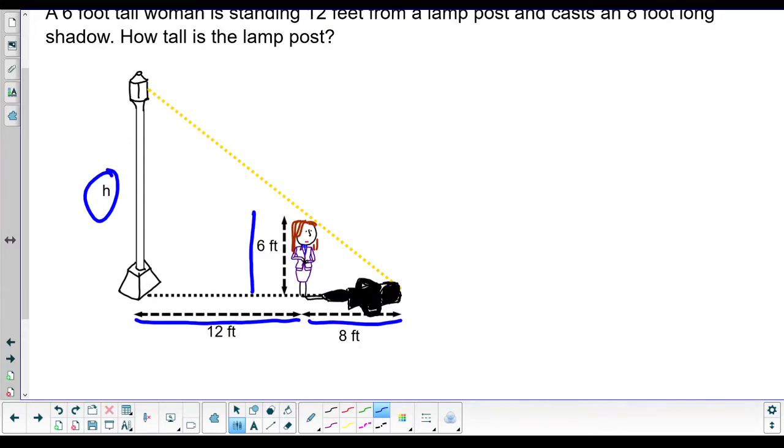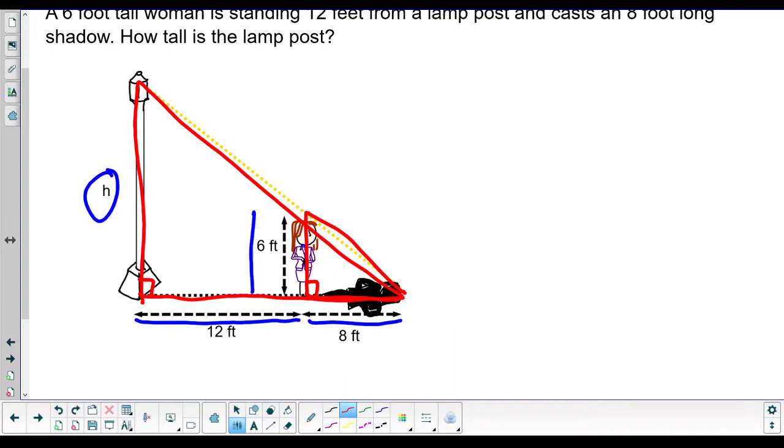Okay, so let's observe something about these 2 mini triangles. The lady, her shadow, and this beam of light make a right triangle. This right triangle, because it is inside this bigger right triangle, these are both 90.